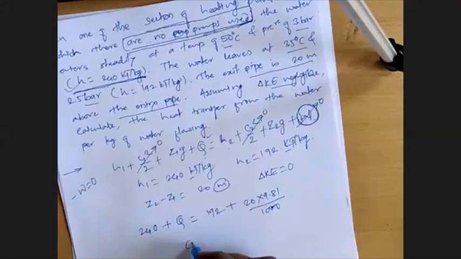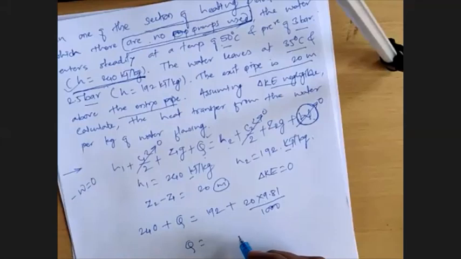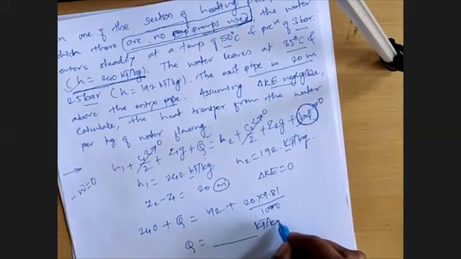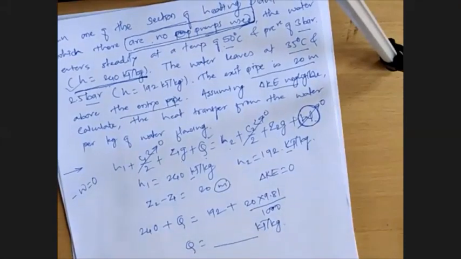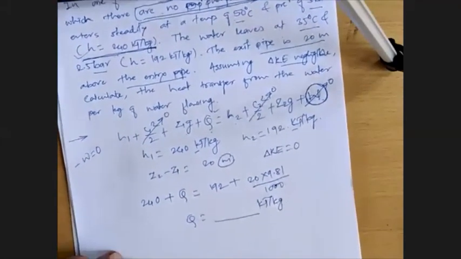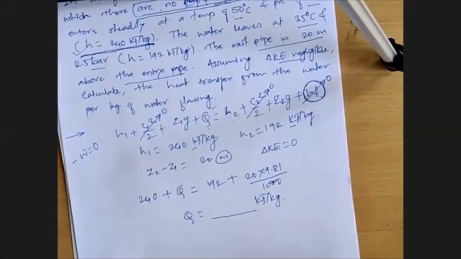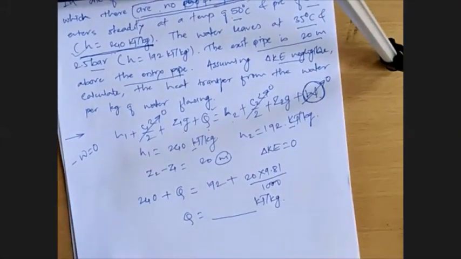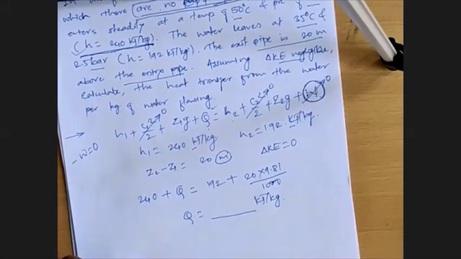From this equation, find the value of Q, which is going to be in kilojoules per kg, and that is what has been asked to calculate. Put the values in the calculator and let me know the value of Q that you get. The meeting is going to end in almost 1 minute, so before that, if you get the value of Q, put it in the chat window.